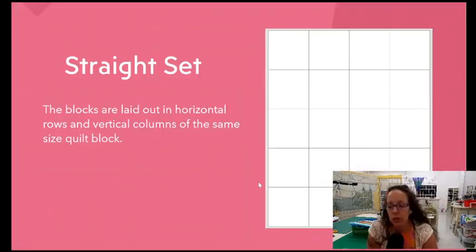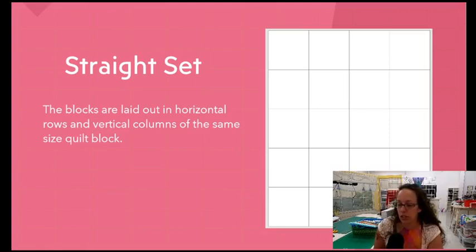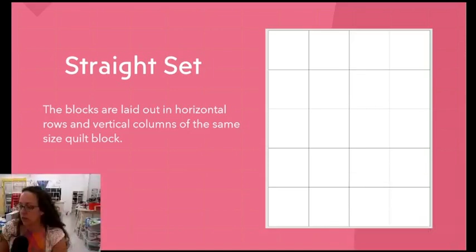So typically your most common layout here is what we call a straight set. A straight set is what you are probably most familiar with in the world of quilt layouts.